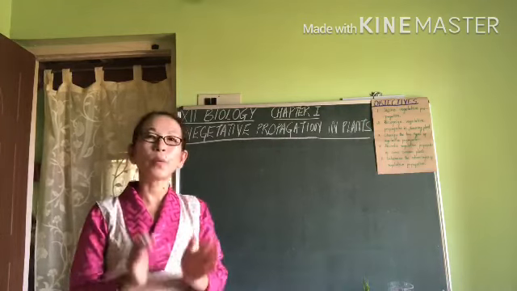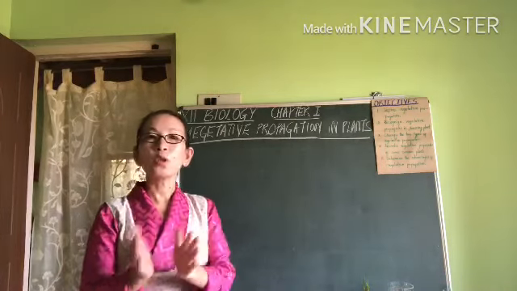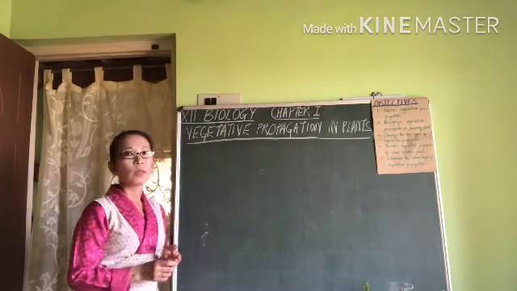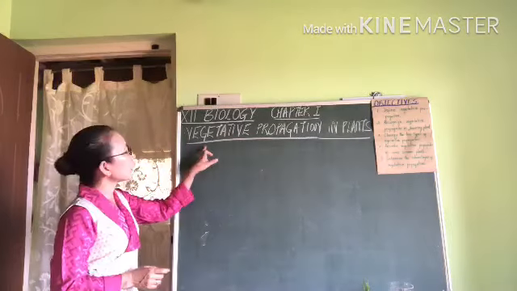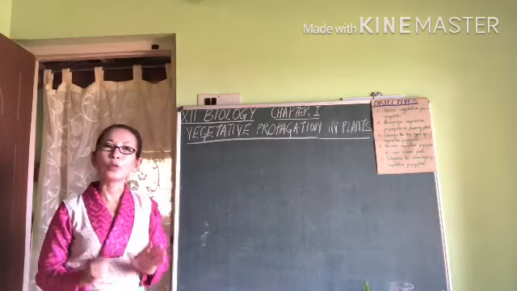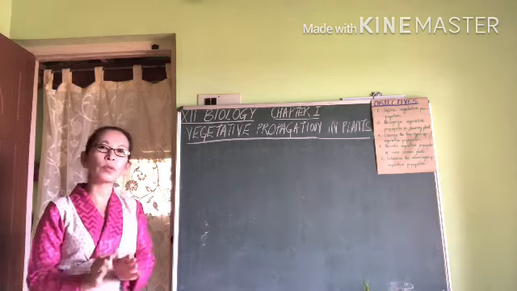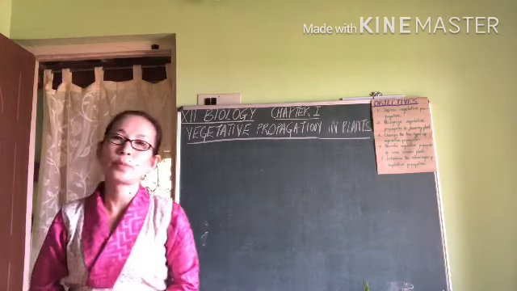Now, what do we mean by vegetative propagation, or how do we understand the nature of this vegetative propagation? Well, when we say vegetative, it has to be non-reproductive. So vegetative refers to non-reproductive.